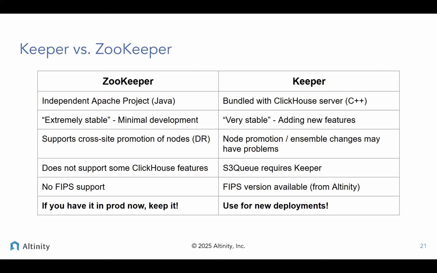Since then, starting about 4 or 5 years ago, the ClickHouse team wrote a new version called Keeper, which basically implements the Zookeeper API for keeping track of this tree of information that everybody can see and operate on. But it's now written in C++ instead of Java, and it's bundled in with the ClickHouse server.